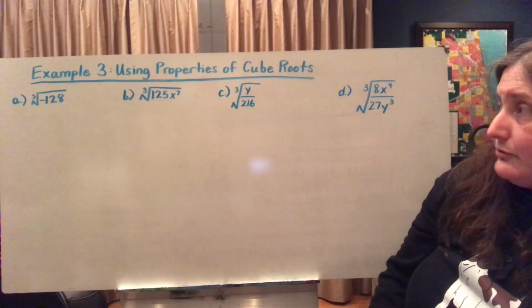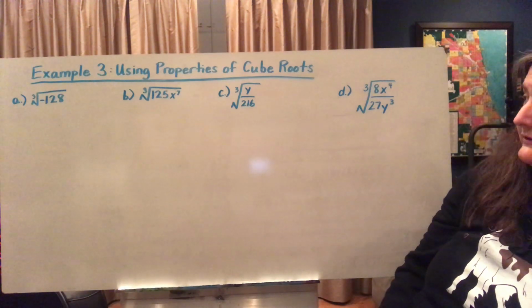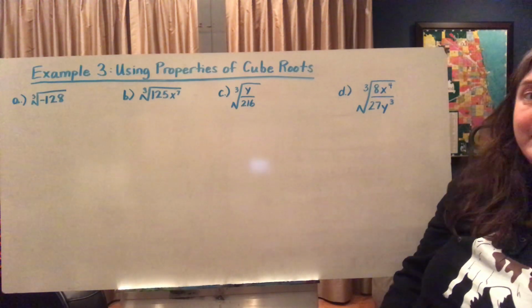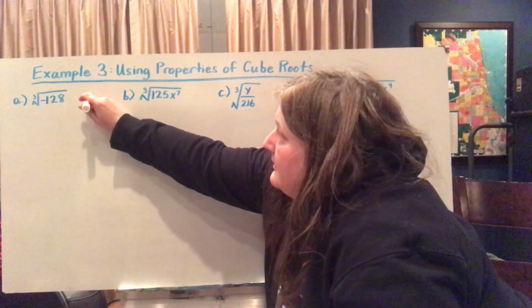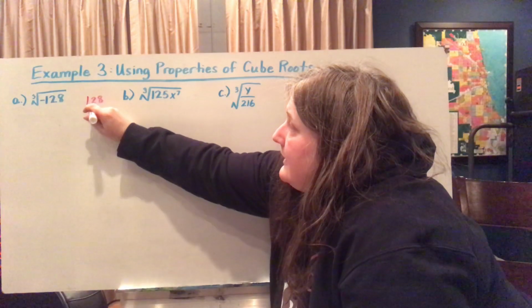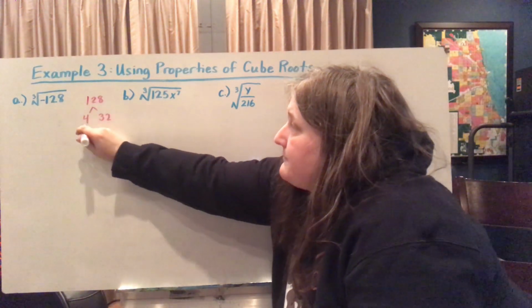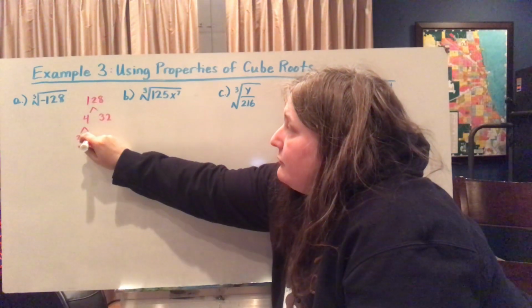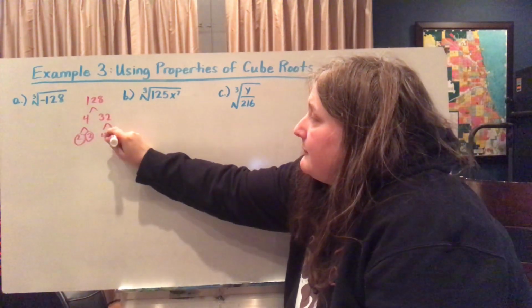So in order to do this, what I'm going to probably do first is find my prime factorization of 128. So 128 can be broken into 4 and 32. 4 can be broken into 2 times 2. 32 can become 4 times 8.